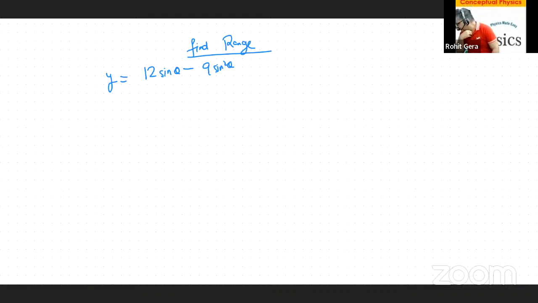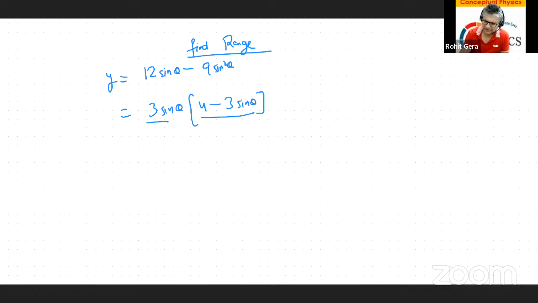रेंज निकालनी है. If I take factors, 3 sin theta (4 minus 3 sin theta). इसकी रेंज निकालनी है हमें, तो हमें ये मालूम है that sin theta is between 1 and minus 1.